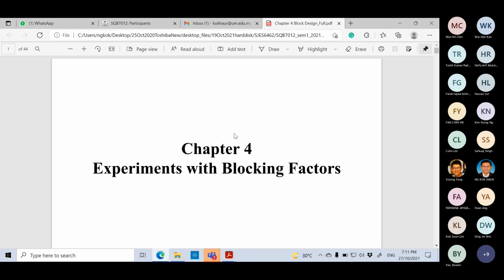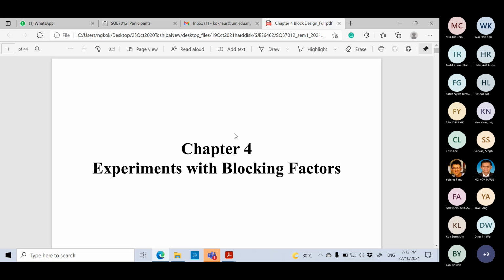In the second part, we will do the extension from the one factor ANOVA. If you still remember, in our previous section, in chapter 3, we only studied a single factor. We used the idea of analysis of variance, decomposing it into different components.